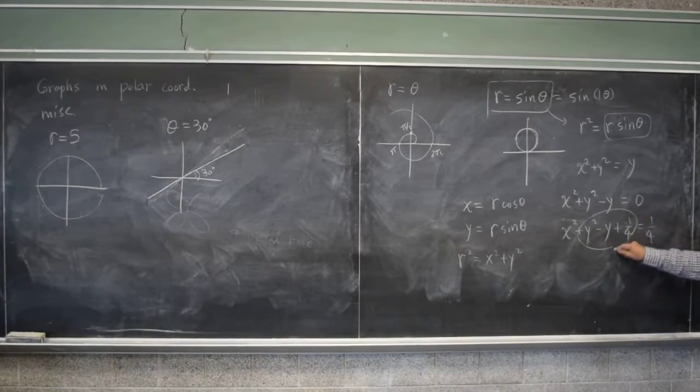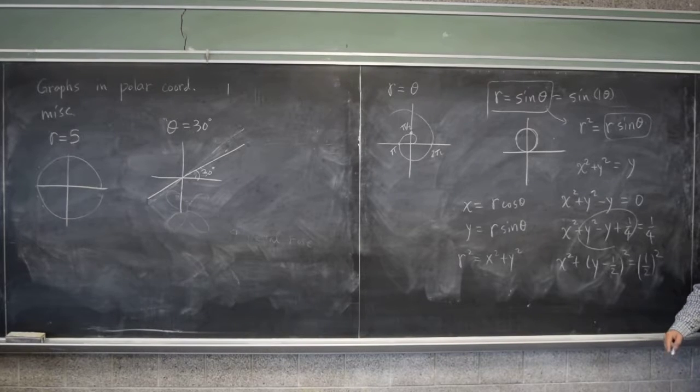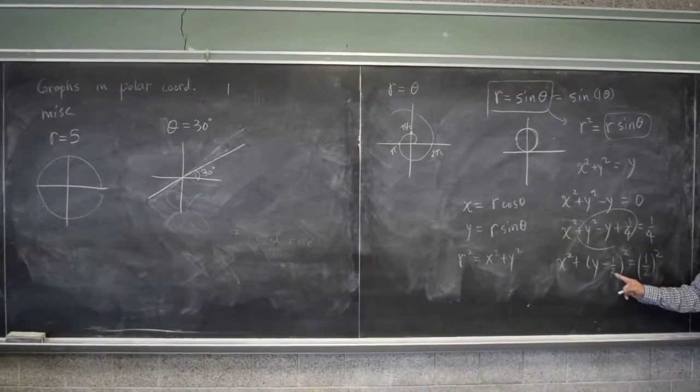What does this become? Okay. All right, so that's the equation of a circle with radius 1/2, center at 0, 1/2.